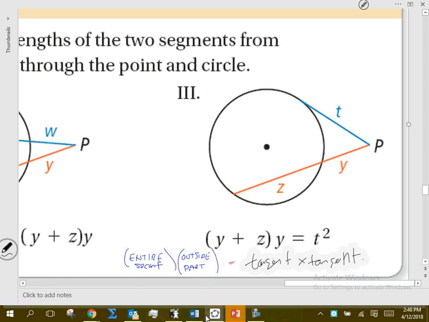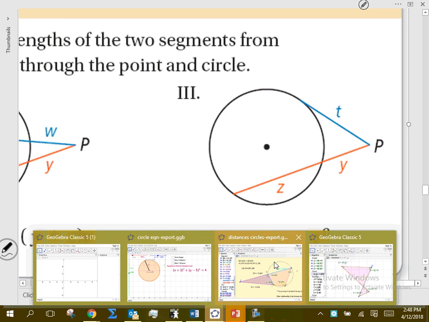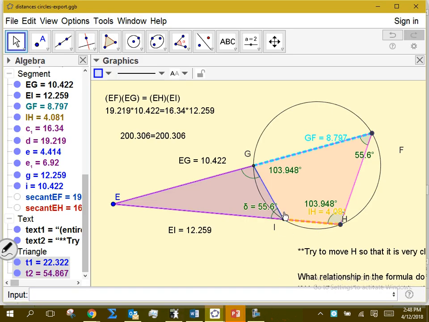If I demonstrate this for you real quick, the calculus concept is the fact that if I look at right now, just looking at this yellow one here, let me change the color of that so you can see it a little bit better. Okay, would you agree that E to H is a secant?